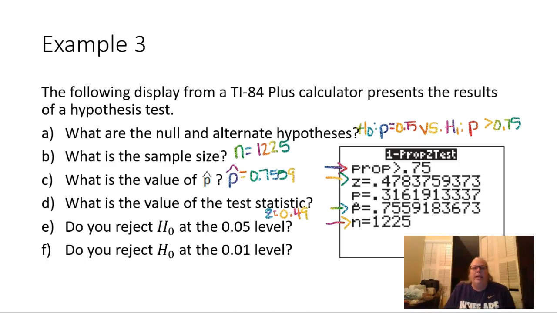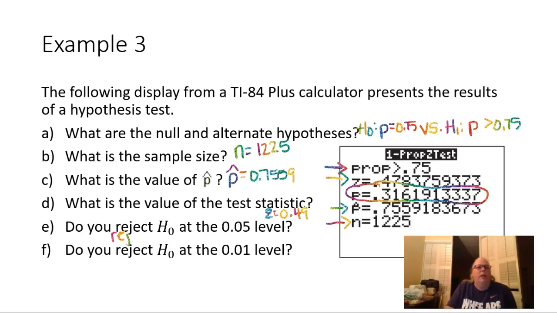All right, part E, are we going to reject the null hypothesis at the 0.05 level? Well, we need our p-value in order to figure that one out. And here's our p-value right in the middle. So for part E, it looks like yes. I'm sorry, no, not yes. It looks like we are not going to reject our null hypothesis.